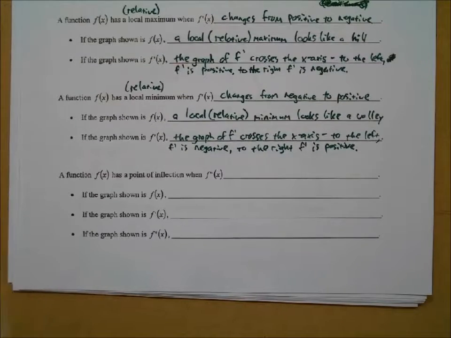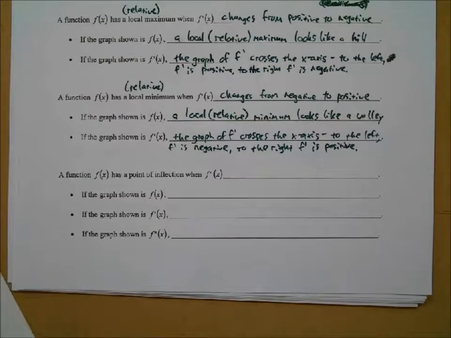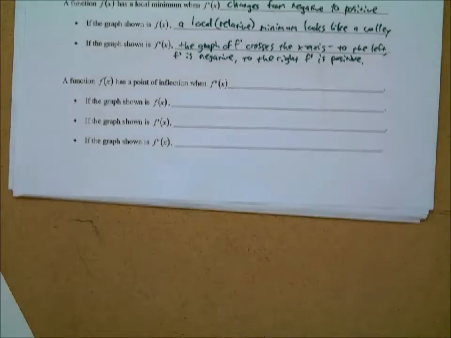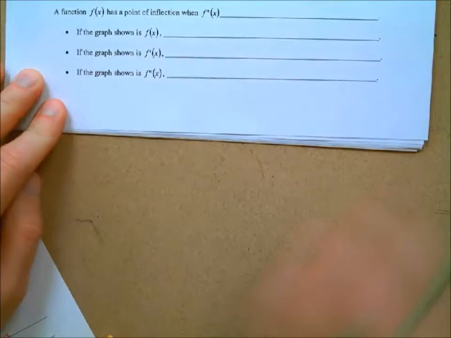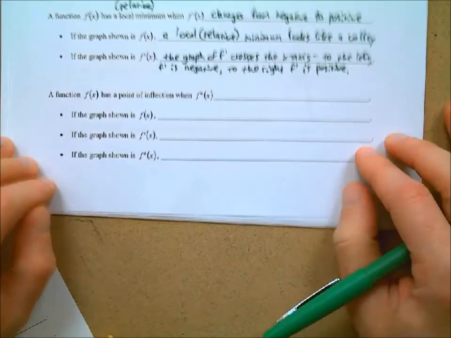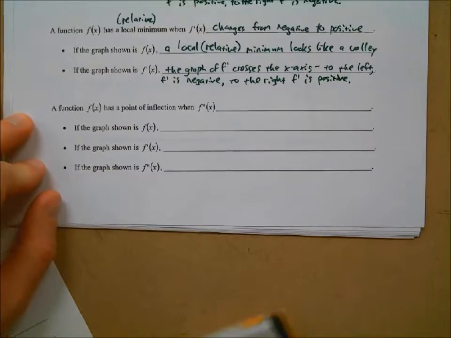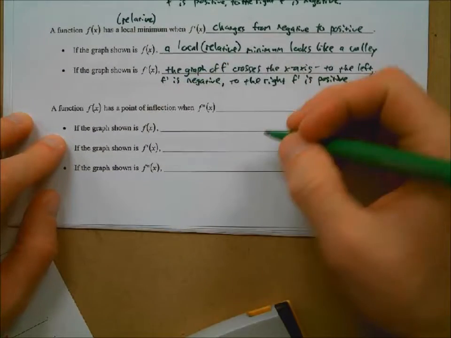Okay. All right, point of inflection. A function f has a point of inflection when f prime prime does what? From negative to positive or positive to negative, right? Points of inflection occur when we change concavity.